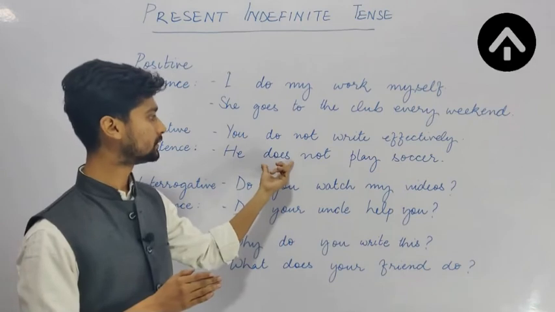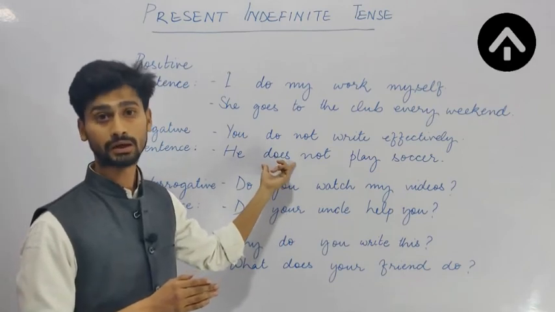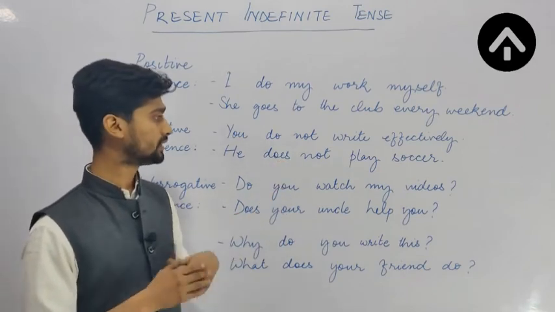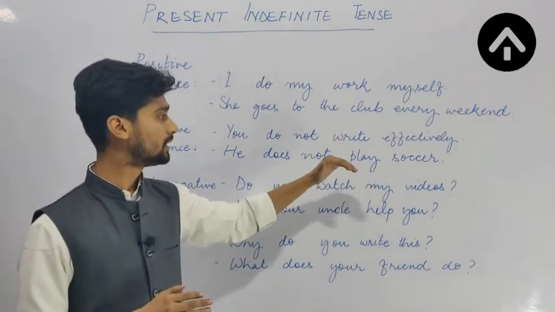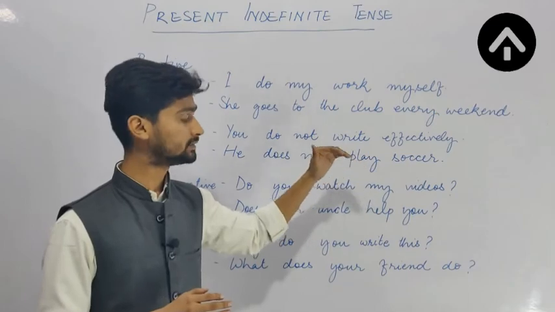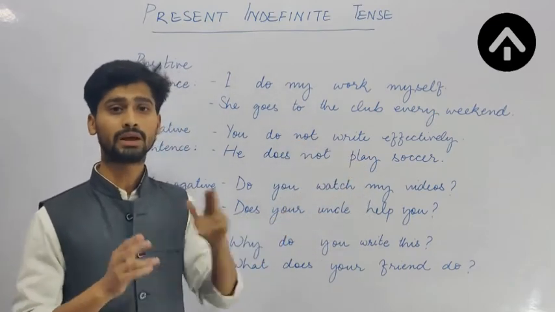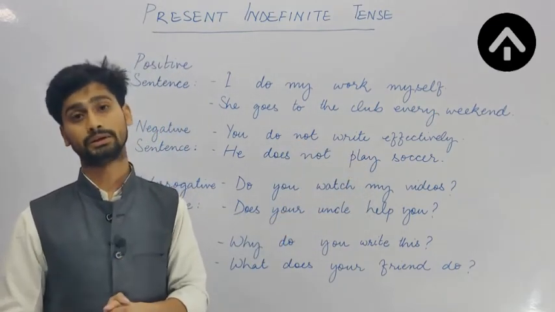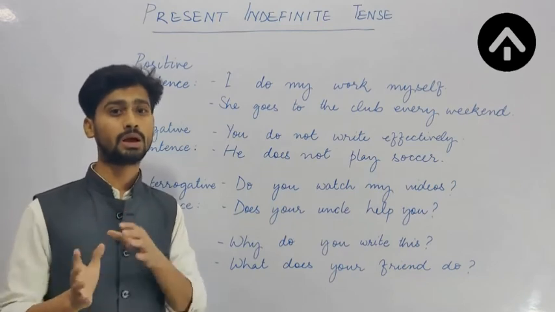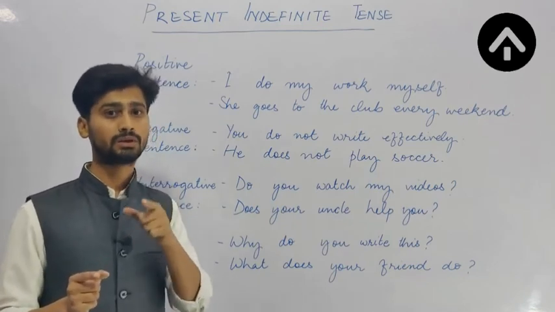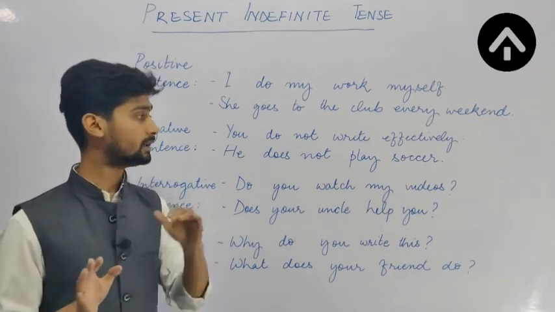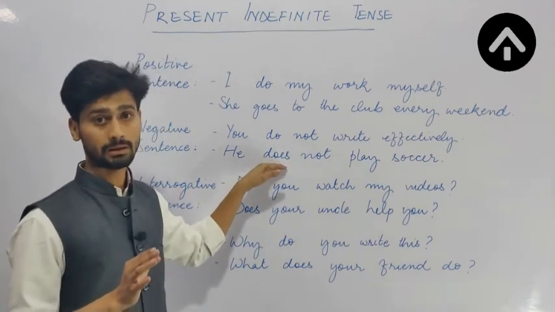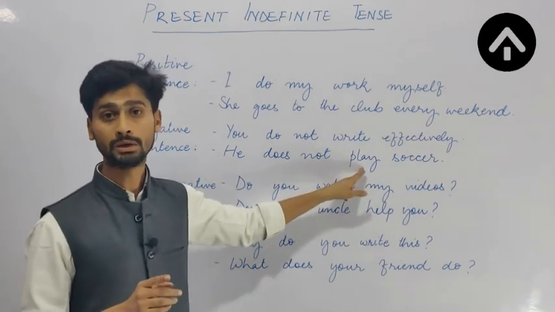I added es in the helping verb. There is no requirement of adding s or es in the main verb. If I add s or es in the main verb, that will be again grammatically incorrect. So you have to be very careful if there is any helping verb. You will add s or es, if required, with the helping verb, not with the main verb.